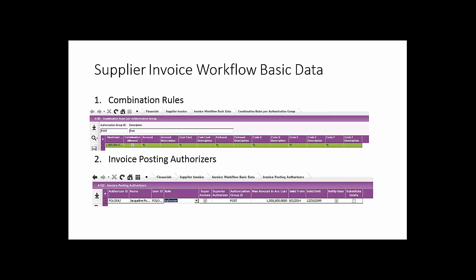And whether this authorizer can have super access. The super access enables the user to code the invoice as well as authorize it. So some people may just be authorizers, but some may be able to post and code the invoices as well. And then of course the final group on the dollar amount.